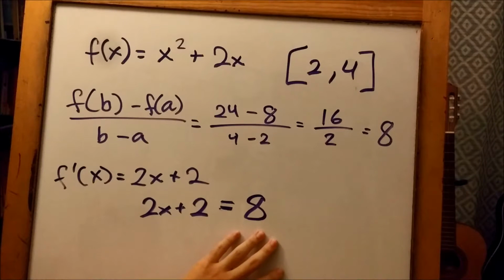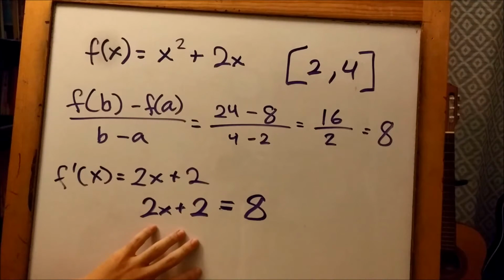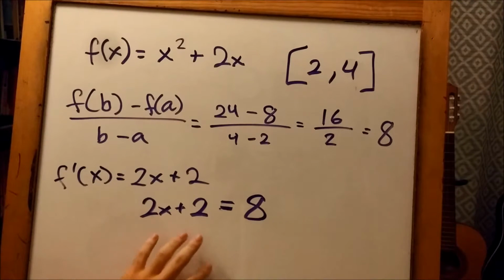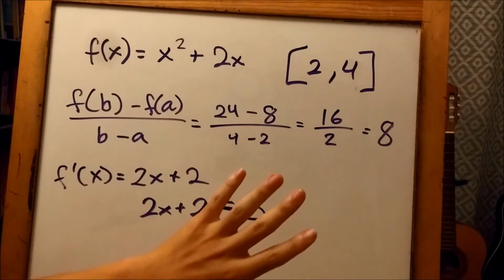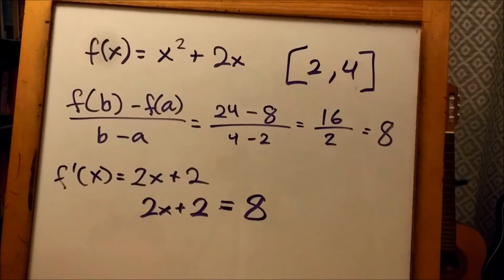So this is the average slope, which is 8, and we set that equal to f prime of x right here, and we solve for x, which is going to be our c. That's our point in the function where the tangent line is parallel to the average slope, which pretty much means that at that point the instantaneous slope is equal to the average slope.